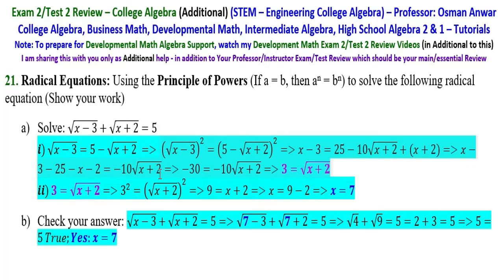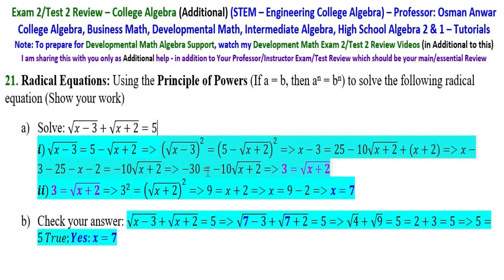Again, separate the radical. Then this is x cancels x. Then 3 minus 25 minus 2 is minus 30. So this is minus 30 equals minus 10 square root of x plus 2.